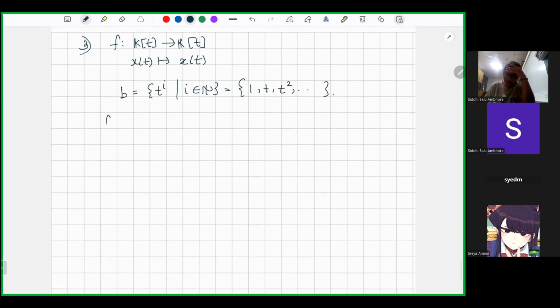So again we have to calculate f of t^0, that is f of 1. And where does it go? This is x(t+1).